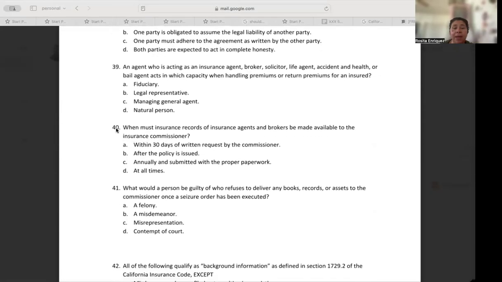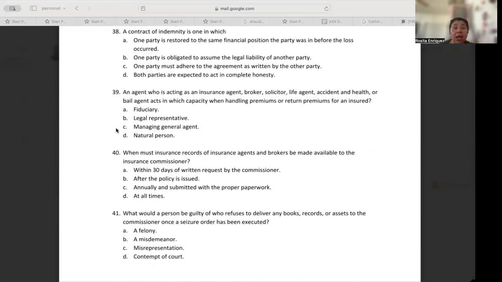And this is the last page. A contract of indemnity is one in which, what happens? It's letter A. One party is restored to the same financial position. See, here's the word again: restored. None of the other ones say restored. This one says obligated. It's not that. One party must adhere.